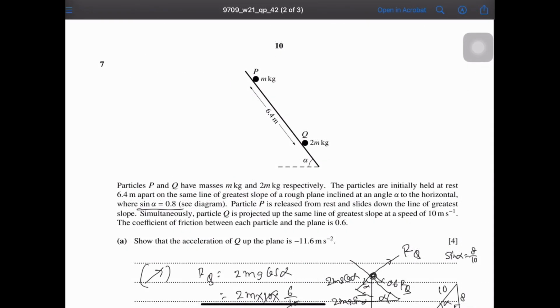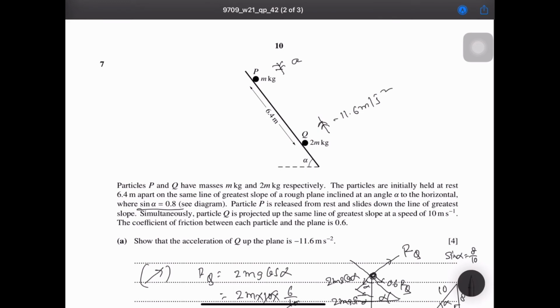Regarding part B, we have already seen that Q is going in the upward direction with acceleration minus 11.6, and the other particle is going downward with acceleration a.